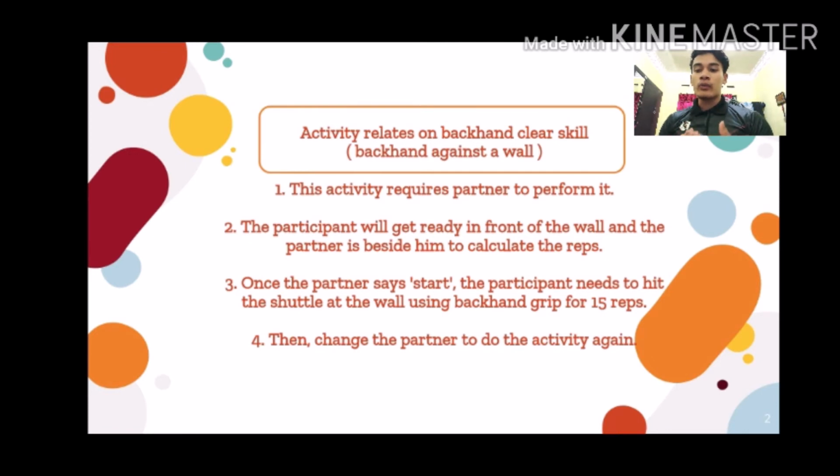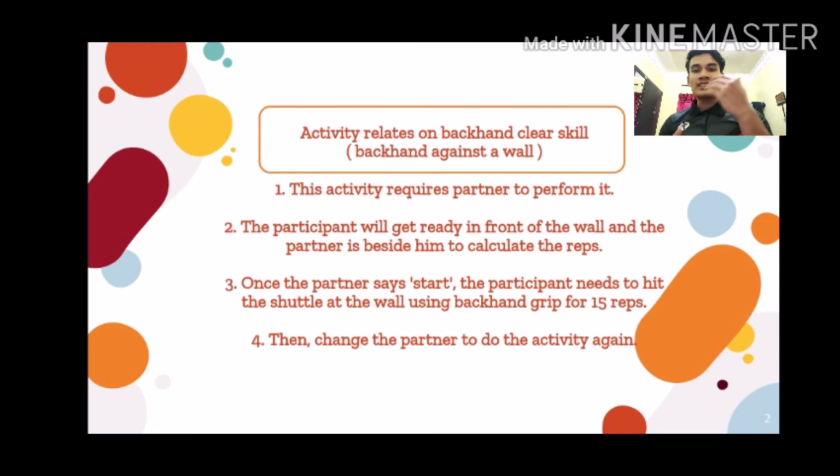The participant will get ready to start the activity, and his or her partner needs to stand beside him. For example, the partner is beside him, and the partner needs to count the reps.